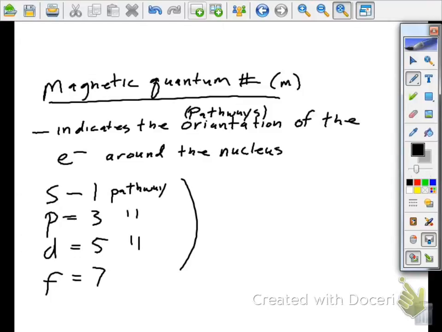So if we do n squared, that tells us how many pathways we have. Nope, we'll do that. Don't write that down. Okay? Hey, good job. I know it's a little fuzzy right now, but we'll build upon that Tuesday.